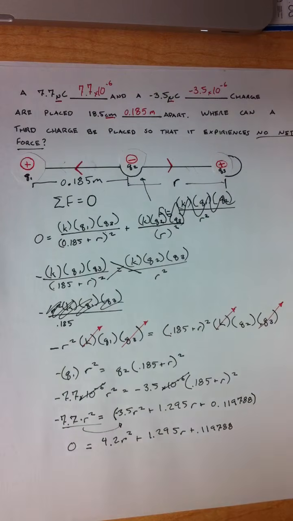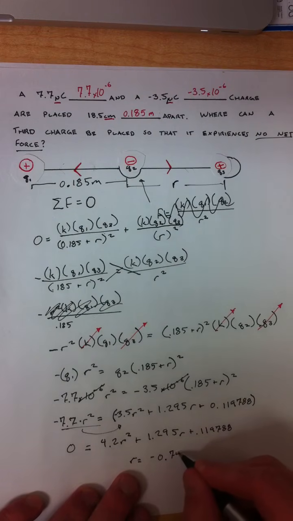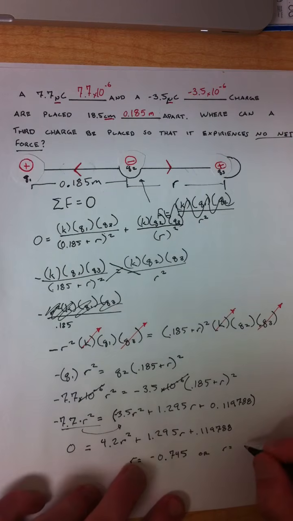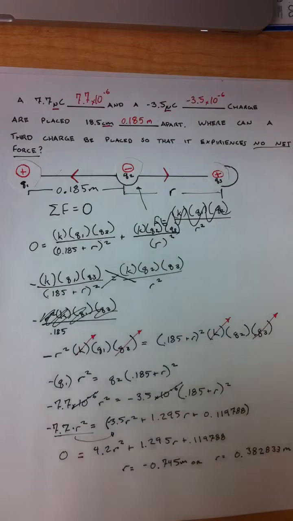And we can just use the quadratic formula, or you can throw that in a calculator and solve for the zeros of this equation, and what you'll come out with is r equals negative 0.745, or r can equal 0.382833 meters. Both of these are in meters, and if you go through and check the units, they'll all cancel out and come down to meters as well.